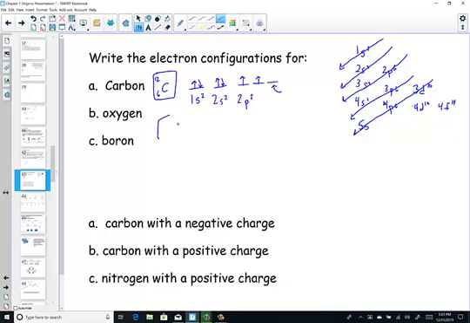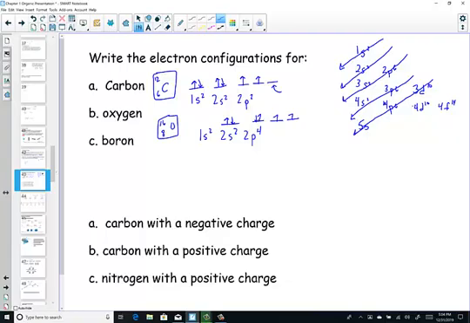For oxygen, which is number 8 on the periodic table, we have 8 electrons to write for. 1s2, 2s2, 2p4 gives us a total of 8 electrons. You can see in the outermost energy level, there are 2 electrons in the s, 4 more in the p, giving us 1 p orbital that is partnered and 2 that are not.